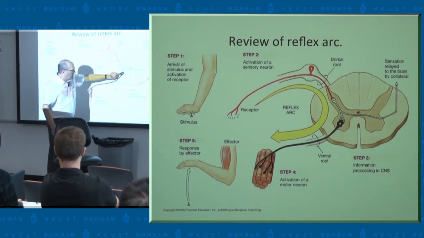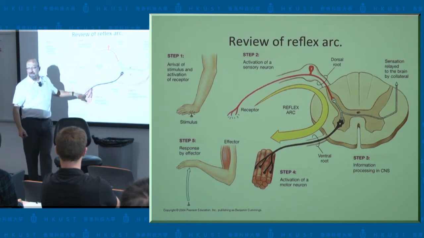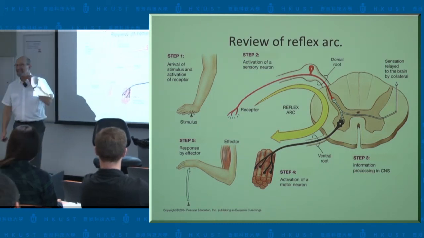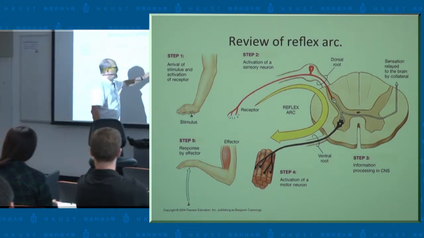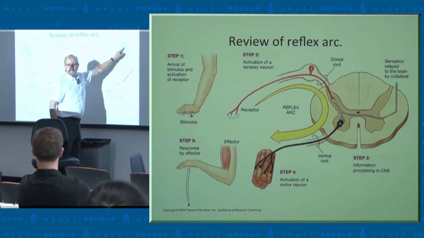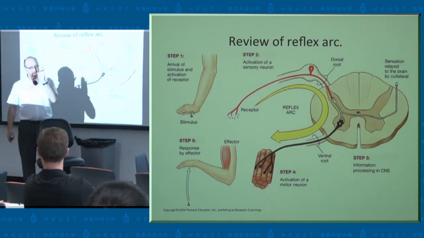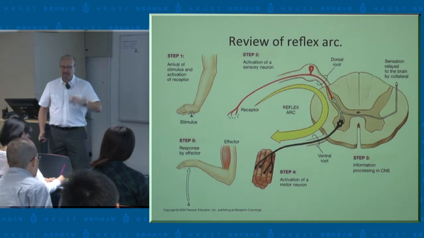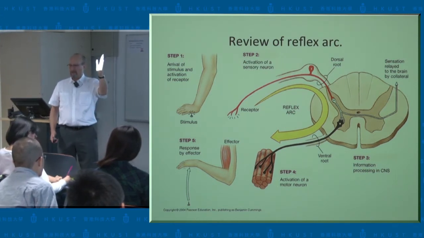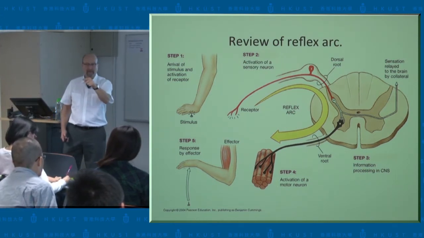It is launched first to the muscles to cause that, and secondarily, it also sends a pathway up the other side, to the other side of your brain, because you're crossed over right there, so that he is aware that something happened. So you did feel it, right?